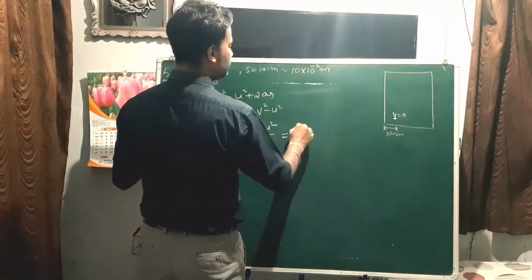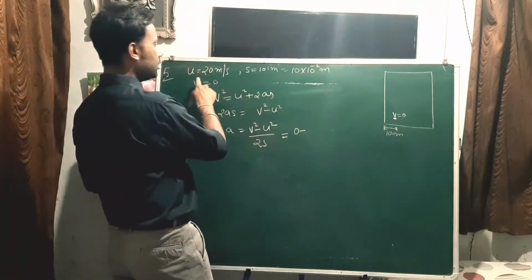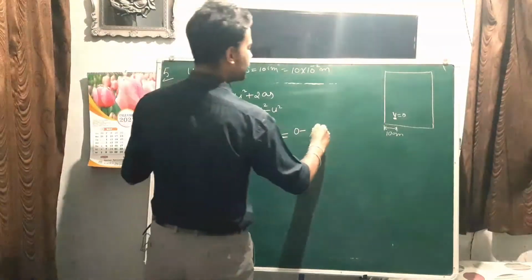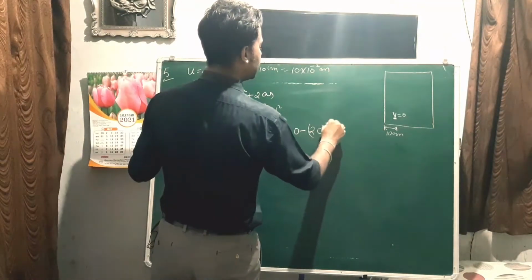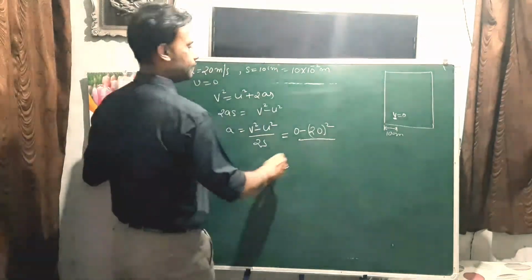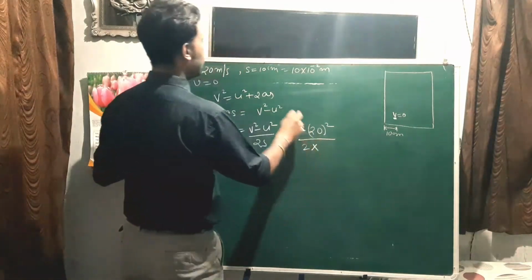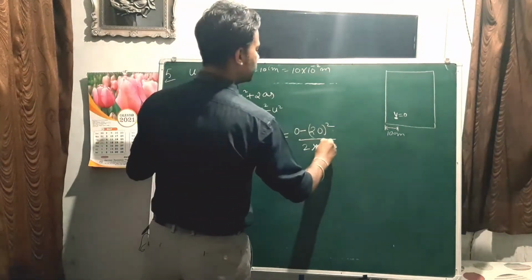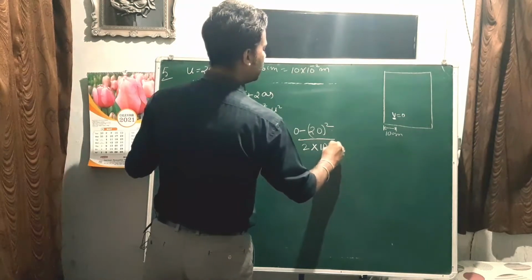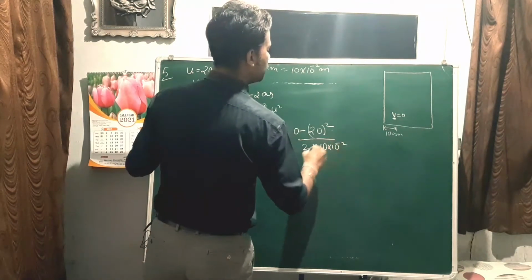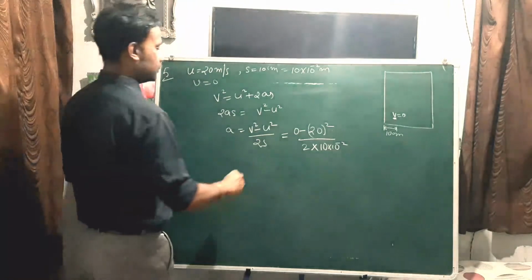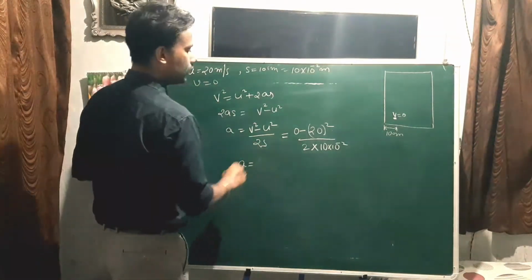So v is 0, minus u, which is nothing but 20, so 20 square upon 2s. 2 into s is 10 centimeter, which is 10 into 10 to the power minus 2, right? So when you solve it, what you'll get?